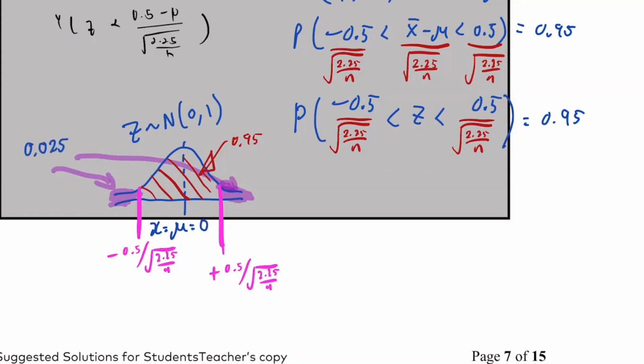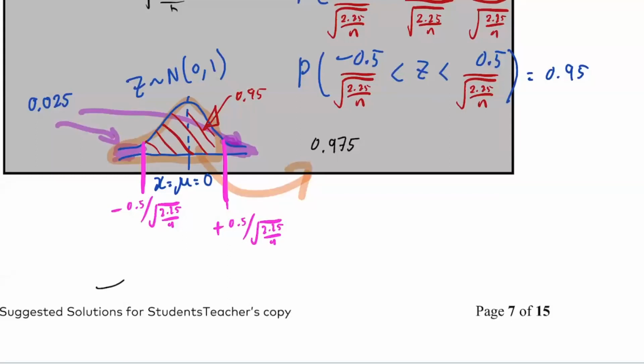Then that means that this total area here, the left tail area, must be 0.025 plus 0.95, which is 0.975. So let's redraw to make it a bit neater. From here onwards, this is the area all the way from the left until the positive 0.5. Let me copy and paste it.